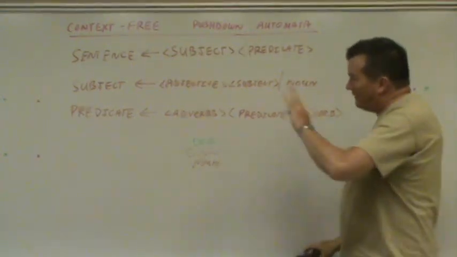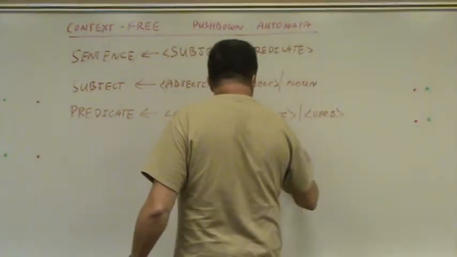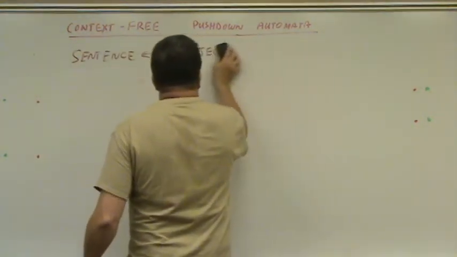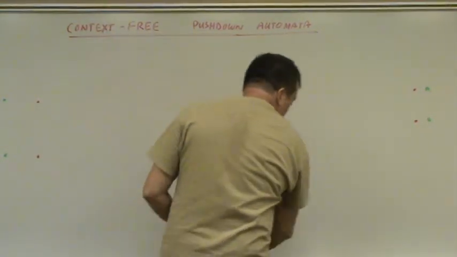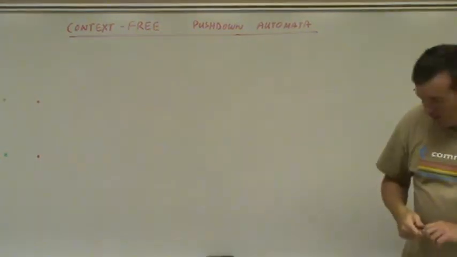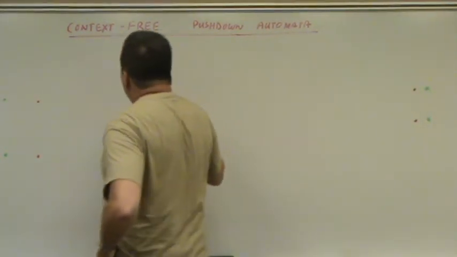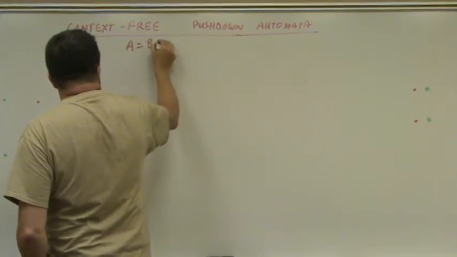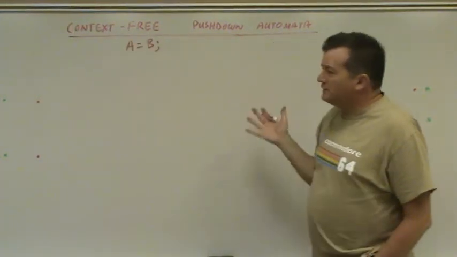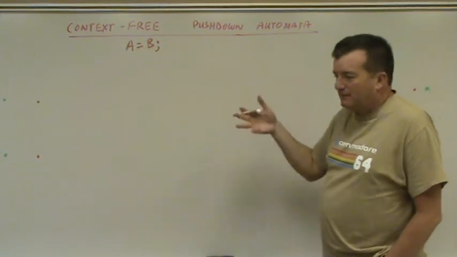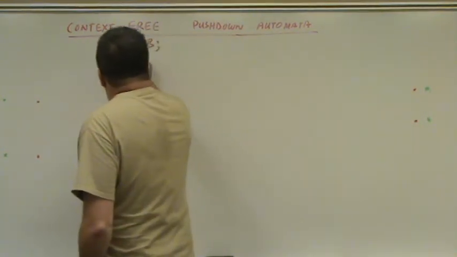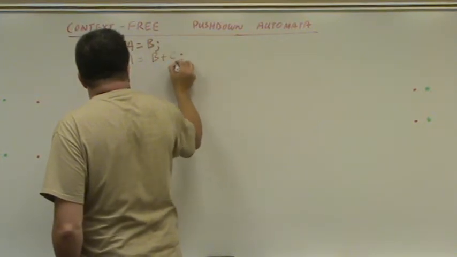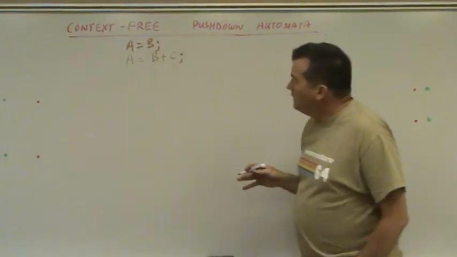Every language has a different grammar to it. Computer languages are the same thing. In computer languages, we might have an expression like A equals B, semicolon. You say, okay, yeah, that's part of Java, C++. We could say A equals B plus C, semicolon. Yeah, that's allowed.